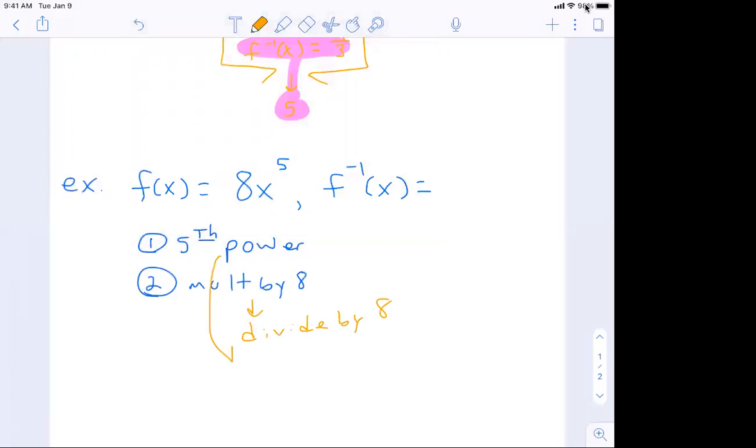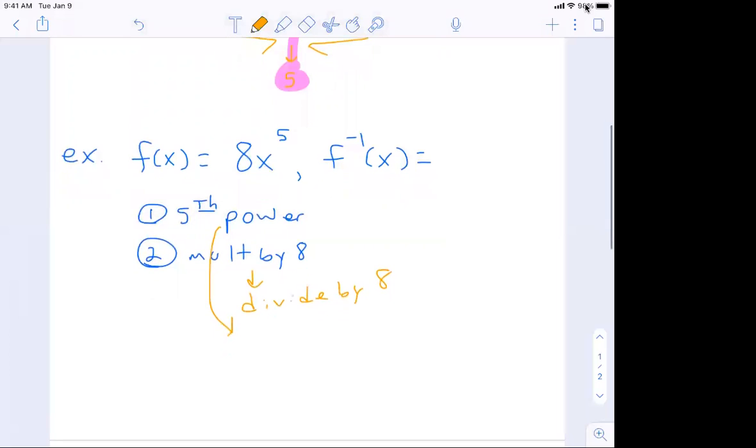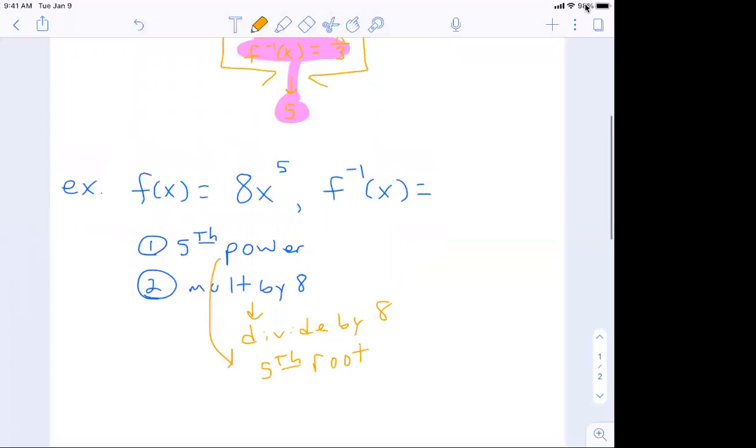And then instead of taking to the 5th power, we could do the 5th root. That's how we come up with our inverse. So we take our number, we divide by 8, and then take the 5th root. And that is our inverse function.